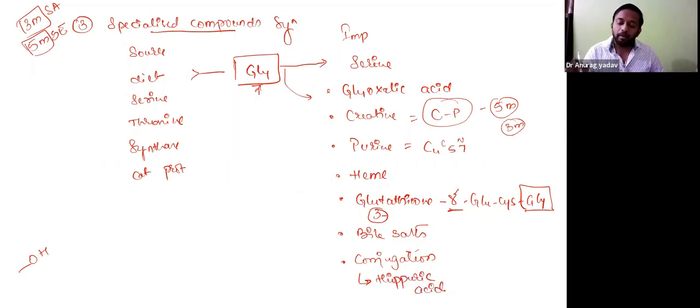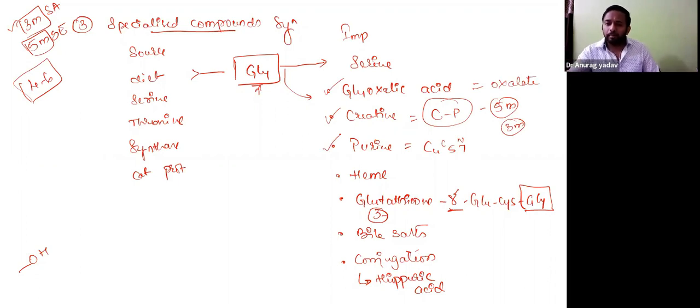So these are the important compounds synthesized from glycine. It's an important 3-mark question in the exam. At least you should be able to write 4 to 6 compounds synthesized from glycine. Remember creatine, creatine phosphate, glyoxylic acid. Then it helps in synthesis of purine. If you don't remember which carbon, which nitrogen, that's also fine, but glycine helps in the synthesis of purine.